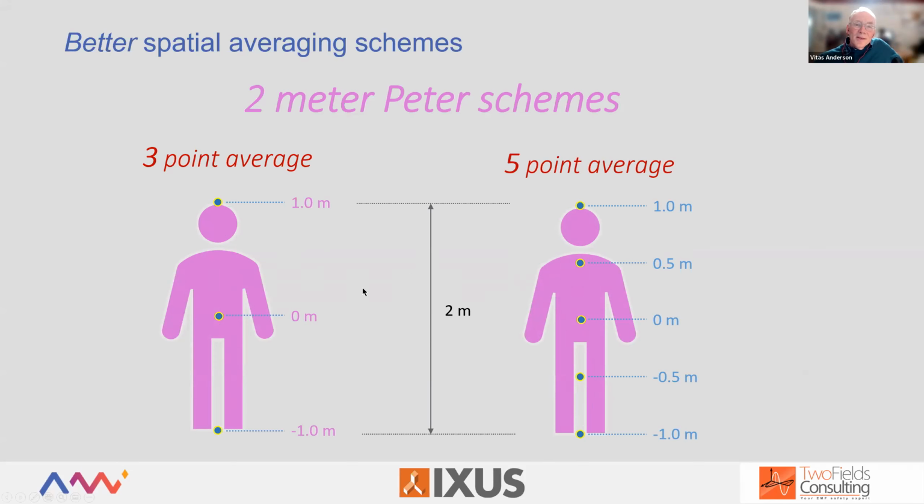I think these schemes do comply with the intent of the RPS S-1 and ICNIRP guidelines. They're over the projected body space, and they're relatively straightforward to implement as well.